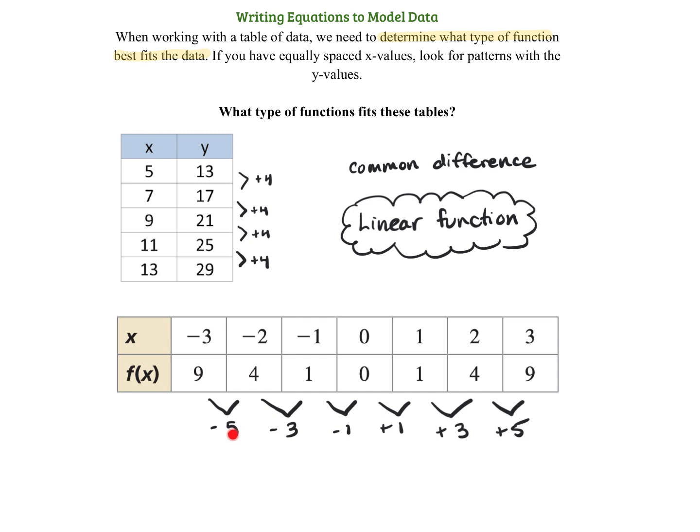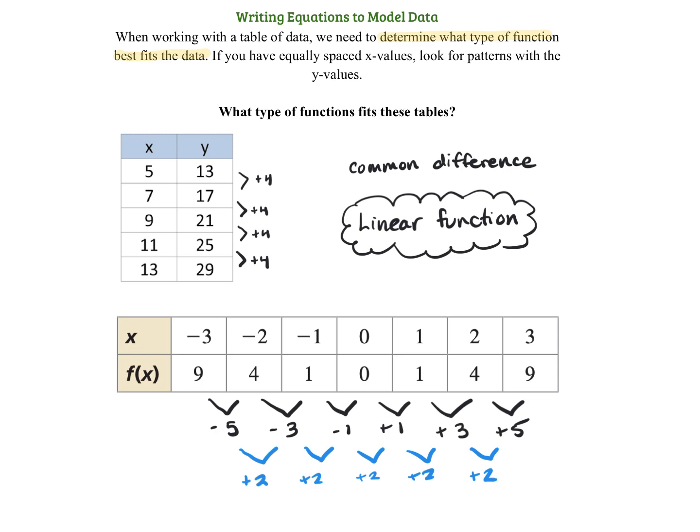We can actually check for the next layer of difference, which is called the difference of the differences, or sometimes it's called the second differences. So now let's look for the difference of the differences. From -5 to -3, we add 2. Oh, here again, we're adding 2, we're adding 2, we're adding 2, we're adding 2.